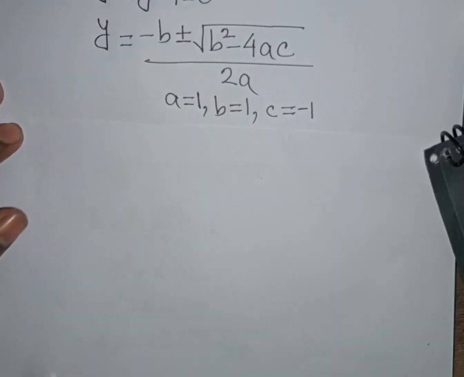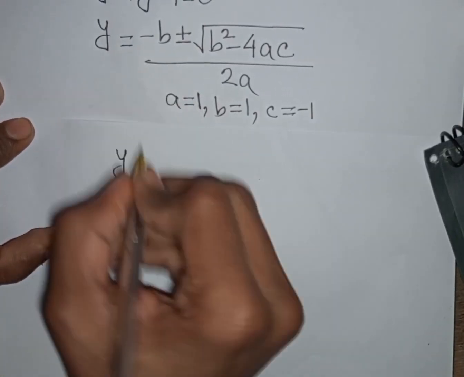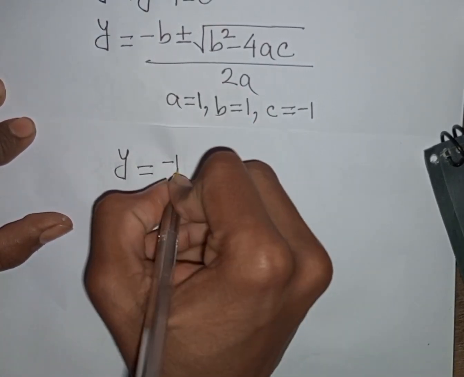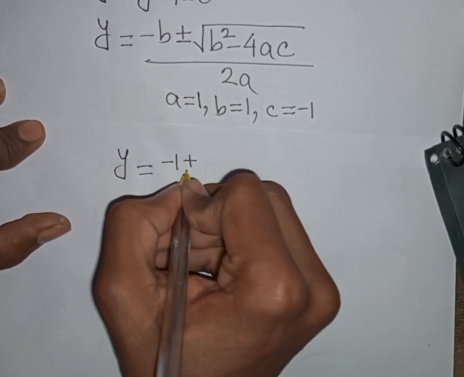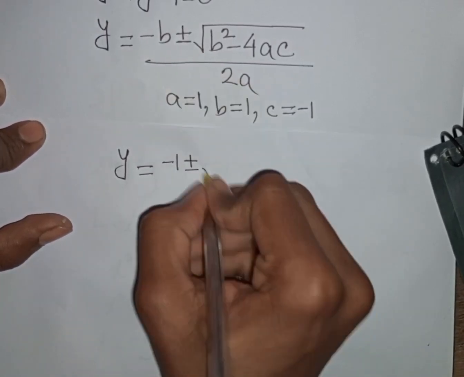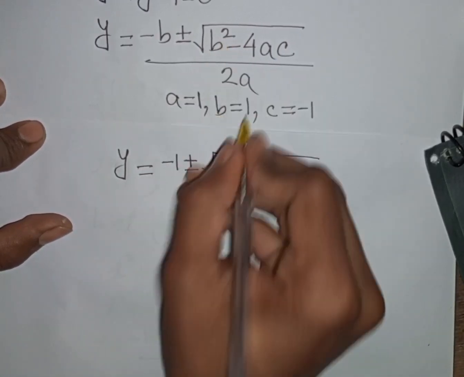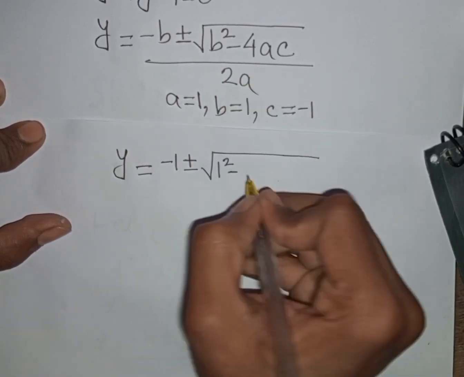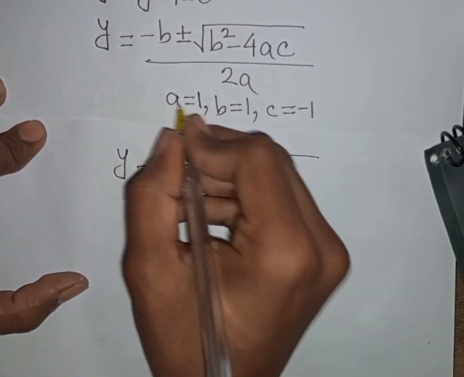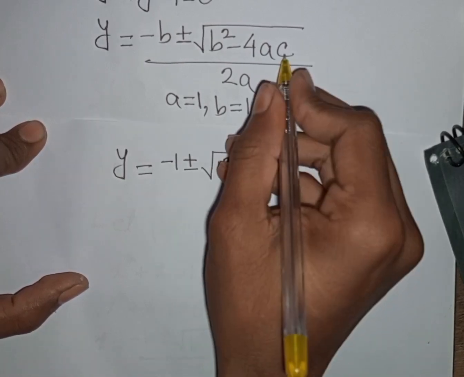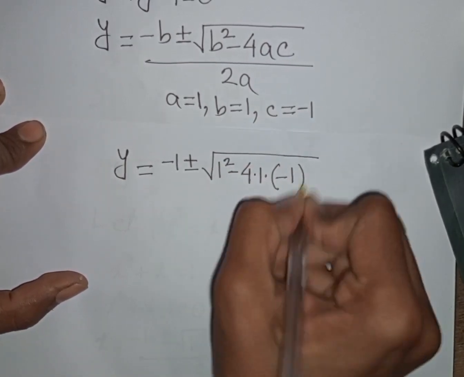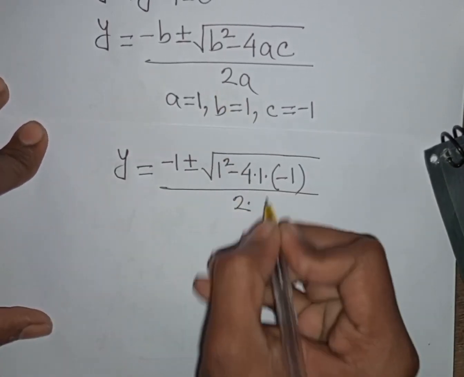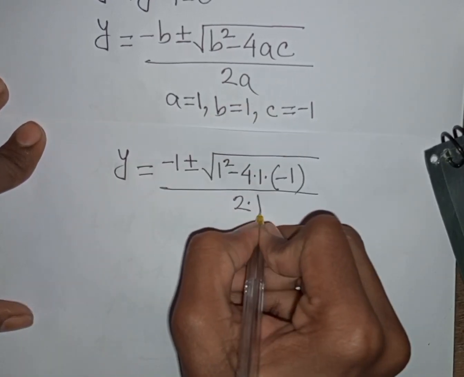Now we can write y is equal to minus b, that means minus 1, plus or minus the square root of b squared, that means 1 squared, minus 4 times a, that means 1, times c, that means negative 1, divided by 2 times a, that means 2 times 1.